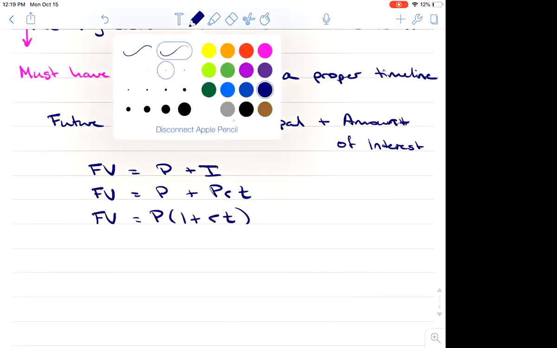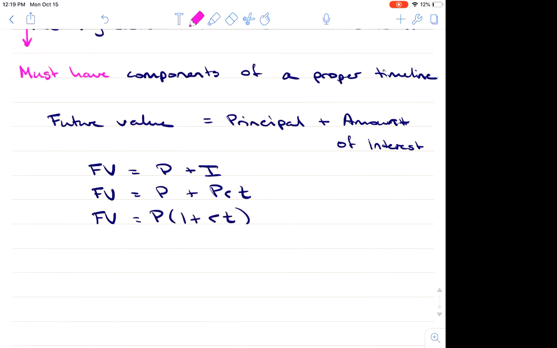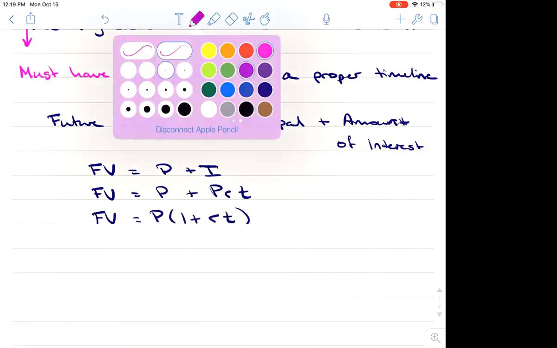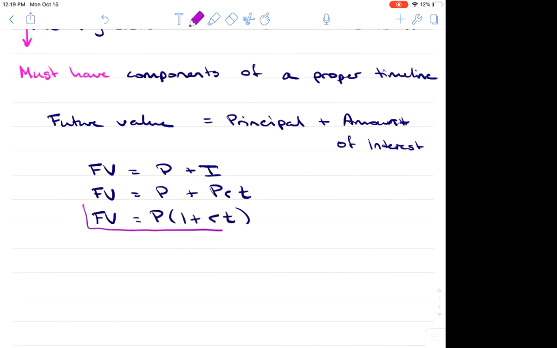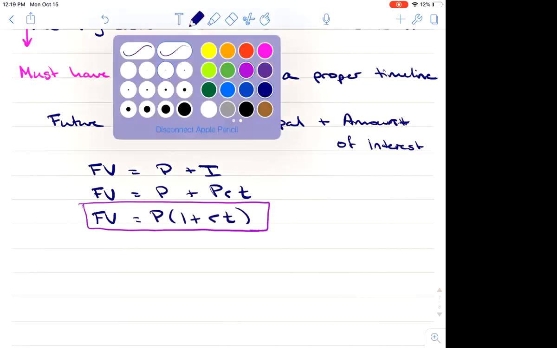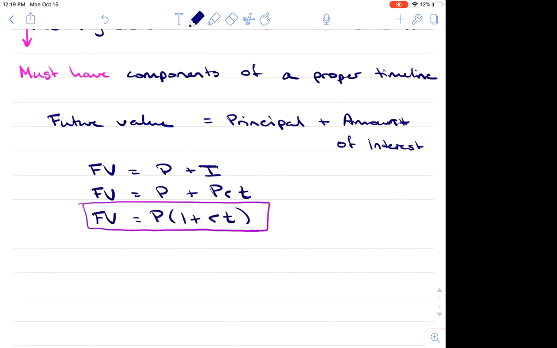So this little guy is on your formula sheet. Now we have the future value. FV is just one thing, so don't try to find F or V, it's just FV.